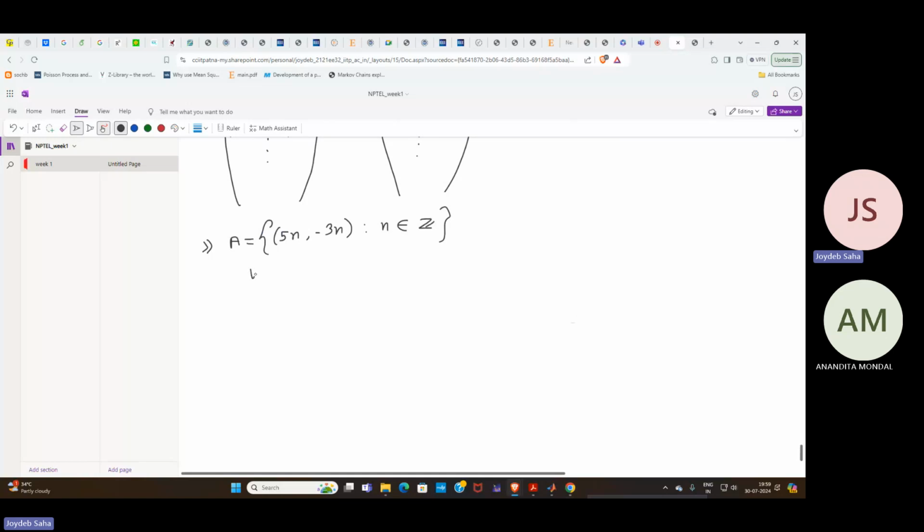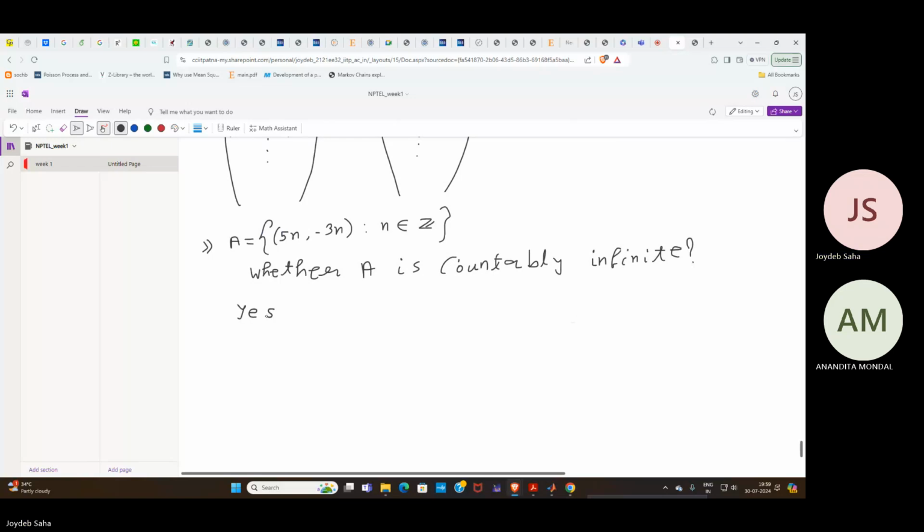So whether A is countably infinite, the answer is yes.